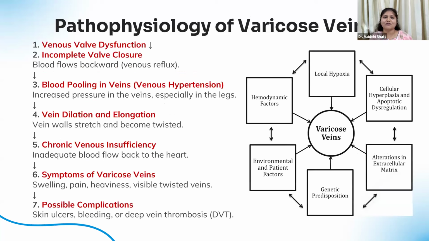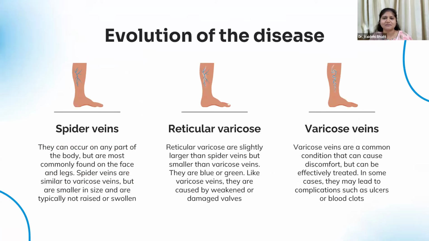So the basic pathophysiology of development of varicose veins is: valvular dysfunction leads to incomplete valve closure, which leads to blood pooling in the veins, then vein dilatation leads to elongation, then chronic venous insufficiency leads to pain, heaviness, and visible twisted veins. And then it will lead to complications like ulcers, eczema, bleeding, and DVT, deep vein thrombosis.